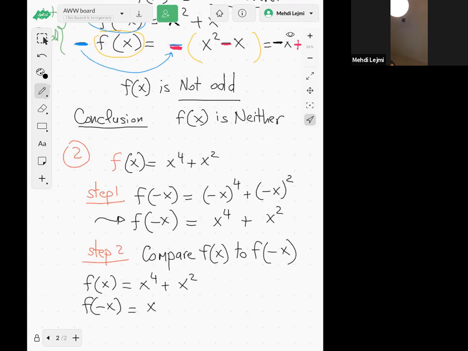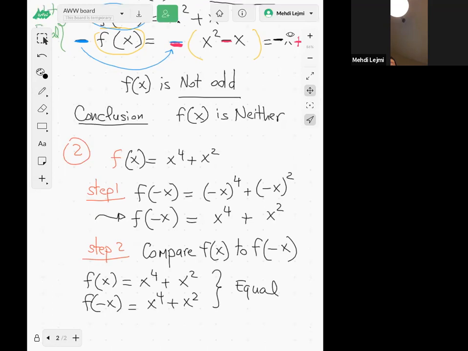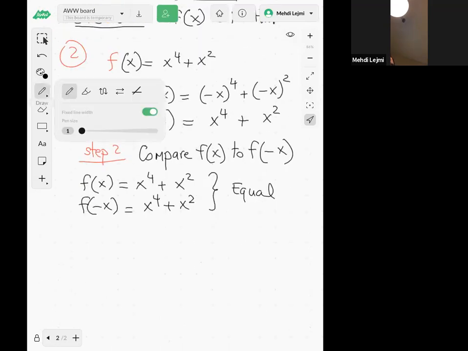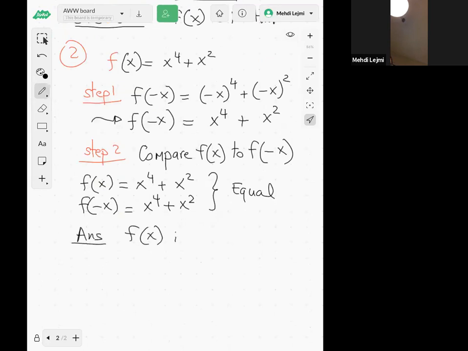It's the same thing. It's x fourth plus x squared. So they are equal. So if f of x is equal to f of minus x, then the function is even, right? So this is an even function. So answer: f of x is even.